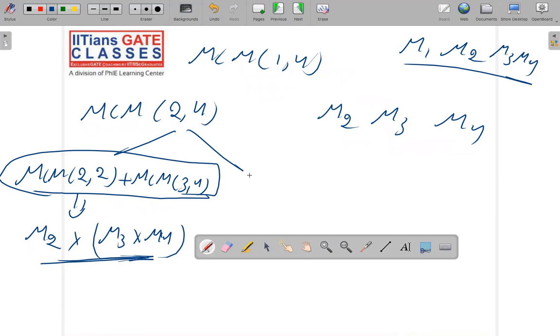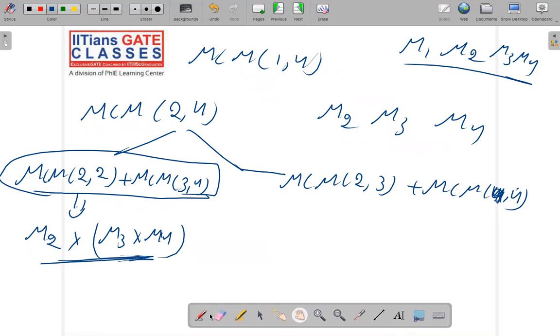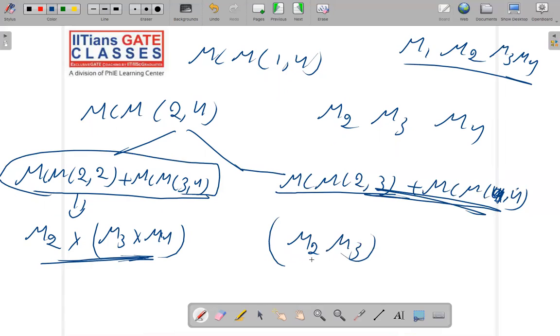And here there is another option, which is MCM of 2, 3 plus MCM of 4, 4. What is the meaning of these 2 function calls? It means M2, M3, then M4.